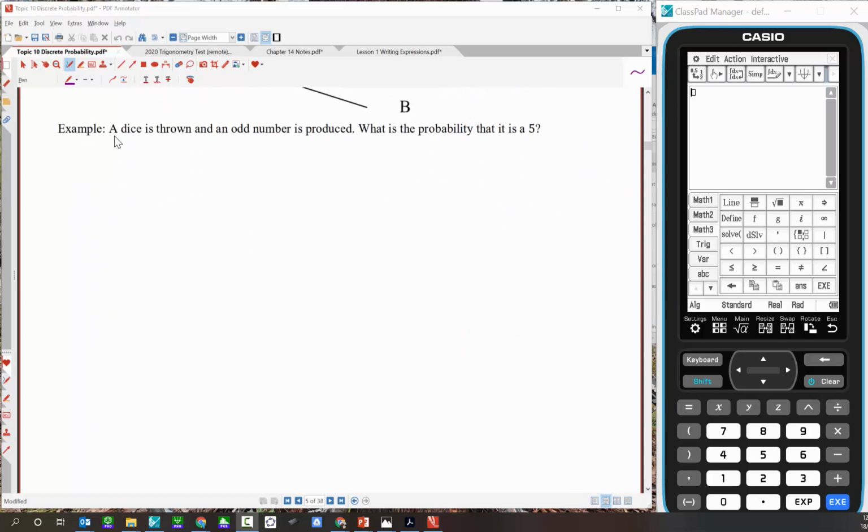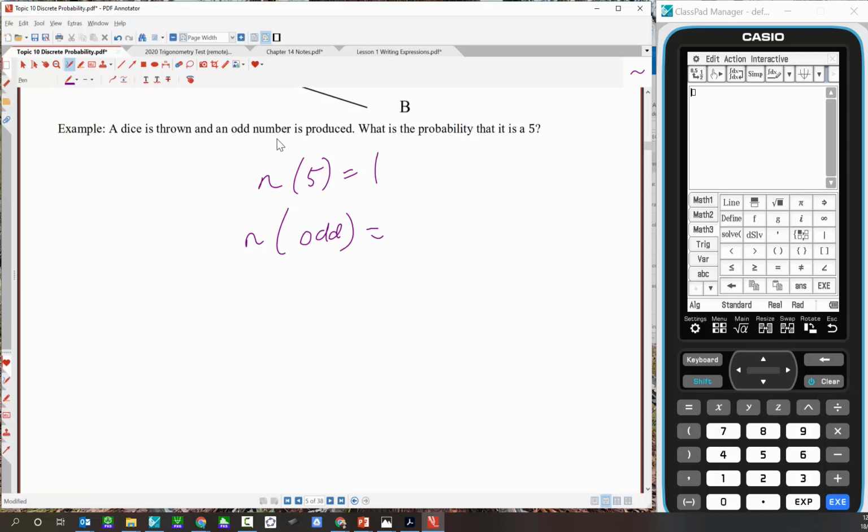A dice is thrown and an odd number is produced. What's the probability that it's a 5? Well, how many different ways can we get a 5 when we roll a dice? The answer is 1. Now typically the probability of getting a 5 would be 1 in 6, but we're considering the number of ways you can get an odd number, because that's what we know.